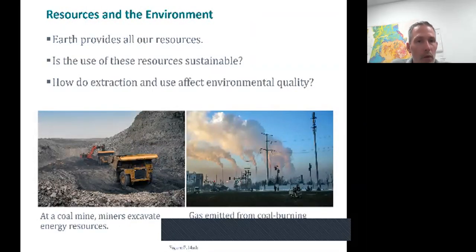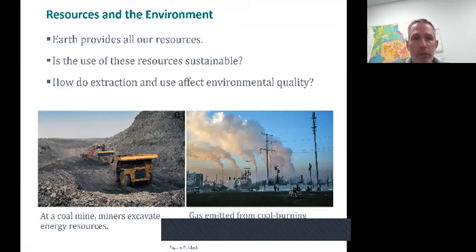So we are going to spend a whole chapter on earth and the mineral resources and energy resources. A resource is simply something that we use, and they can be either renewable or non-renewable, as the name implies. Renewable means it will come back. Non-renewable means once you mine it, it's gone.